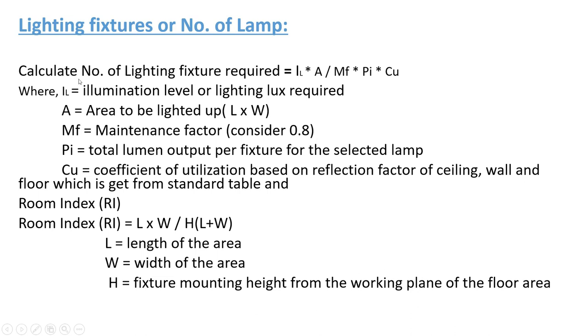From the formula we can find the number of lighting fixtures required, equal to IL into A divided by MF into PI into CU, where IL means illumination level, or the lighting lux level required from the standard, and A means the area to be lighted up. Just multiply the length and width of the room, that is the area. MF means maintenance factor.